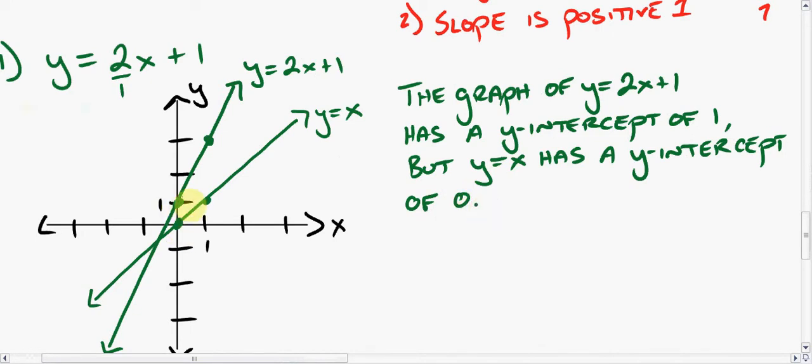That's it. One sentence compared the two, showing that there's a difference in the y-intercepts.